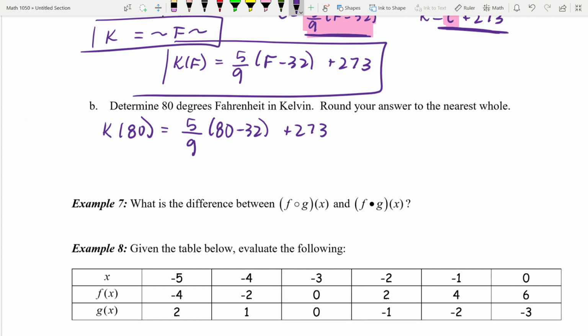Grab your calculator. Everybody go 5 divided by 9, parenthesis, 80 minus 32, close it off, plus 273, hit enter. We're rounding to the nearest whole Kelvin, so it is 300 Kelvin, and that's your answer.